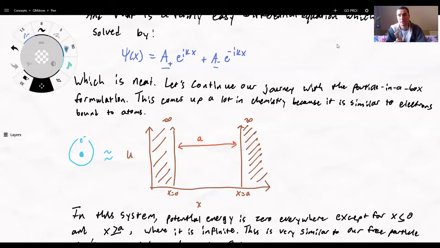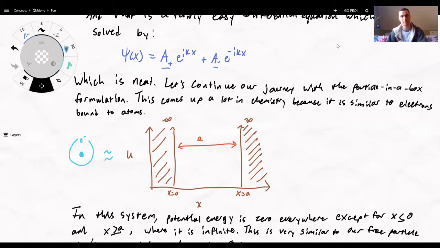It comes across in chemistry a ton because it looks a lot like an electron bound to an atom. And this is how you can get things like different energy levels out of, say, a hydrogen atom. And you can start to derive that atomic absorption should just have single lines of colors. And in fact, that's what we see. So this is sort of why we come up with this a lot.